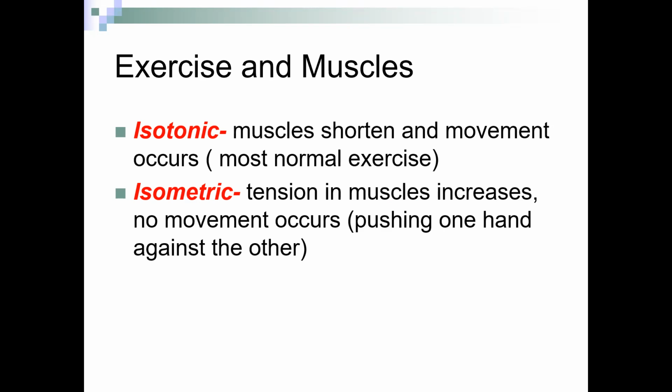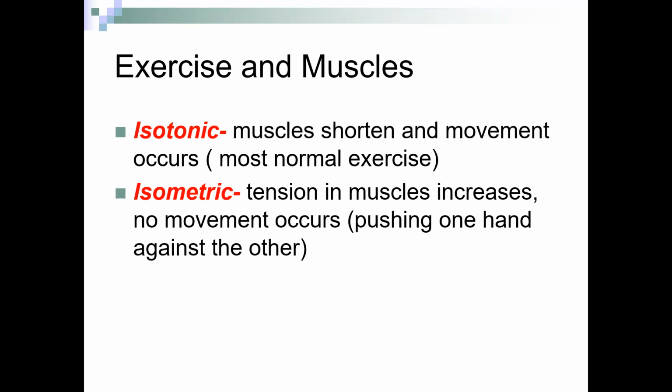So once again, you're lifting weights, running, jumping, doing push-ups, sit-ups, all of these things. In order for the body or a body part to move, the muscle has to contract and shorten to pull it in a direction. So the muscle contracts, gets shorter, and causes movement. That is isotonic. Any exercise that causes movement is an isotonic exercise.